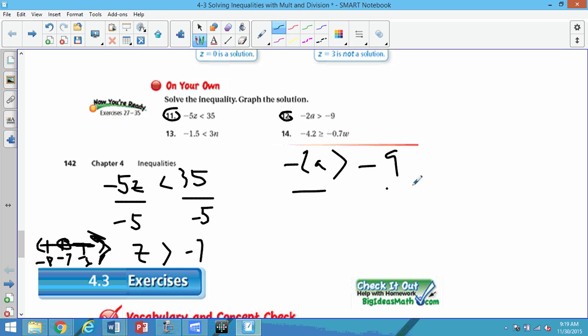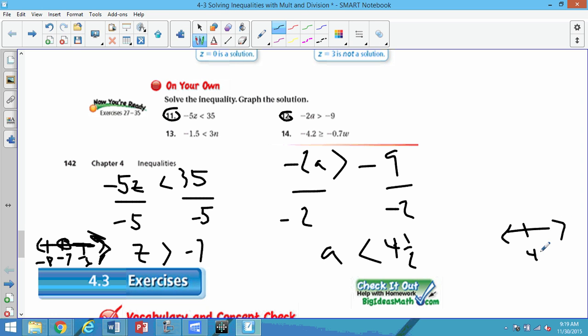You're going to divide both sides by negative 2 to get the variable alone. Your a gets brought down, and then instead of it being a is greater than, it's going to be a is less than, because you have to flip your sign. And the answer is 4 1/2. Negative 9/2 is 4 1/2. And then you're going to graph that.